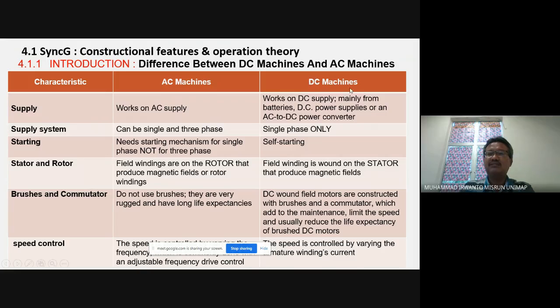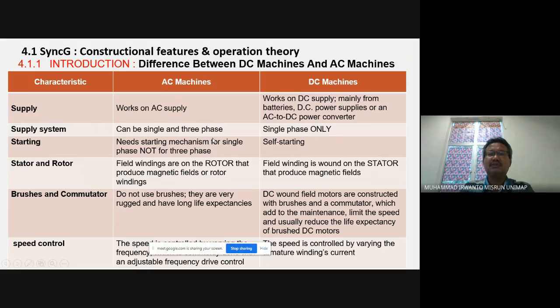But the DC machine is only single, meaning positive and negative terminals. And for starting, the AC machine needs a starting mechanism for single phase, not for three phase.